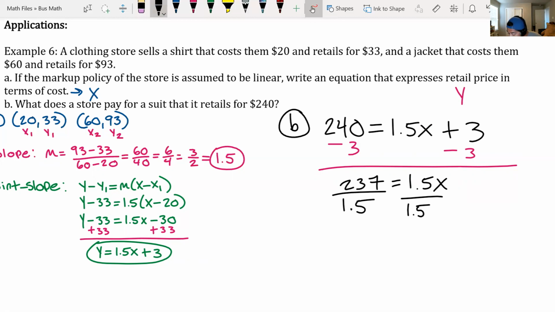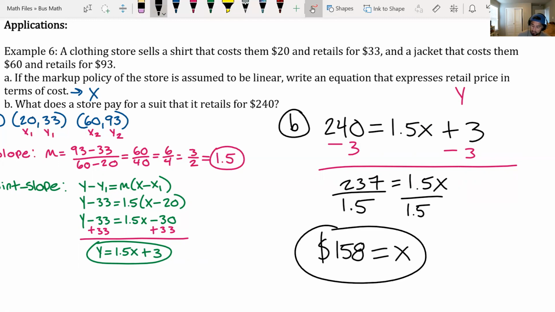Divide 1.5, and we get $158 equal to X. So this is the cost of the suit. So we're going to buy the suit for $158, and we're going to sell it, we're going to retail it for $240. There you go.